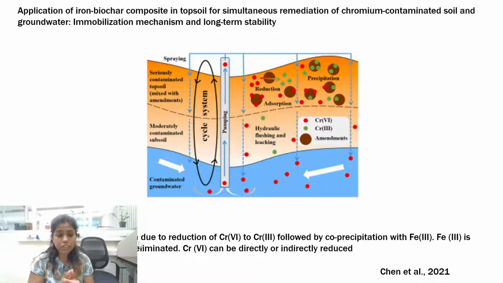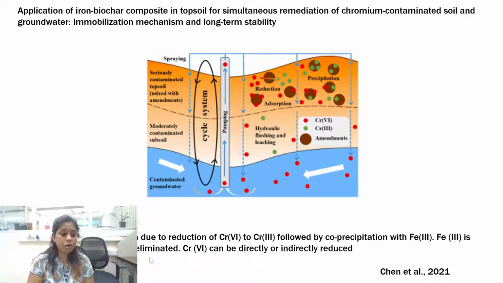Chromium immobilization due to reduction of chromium 6 to chromium 3, followed by co-precipitation with Fe3. So this is the process that they follow here. While chromium 6 is soluble in water, it sediments and causes contamination for the groundwater.